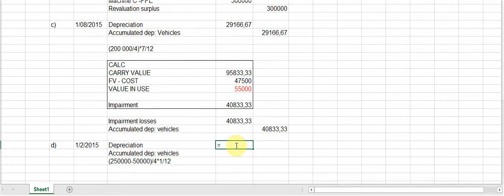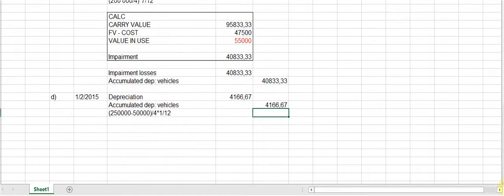If I calculate that depreciation, it is basically 200,000 Rand divided by 4 times 1 month, and I get 41,666. Again, I'm just rounding to 2 decimals because we work with money.